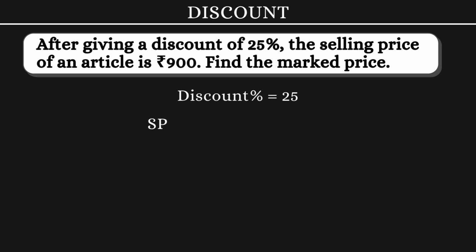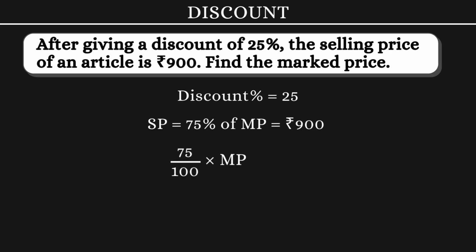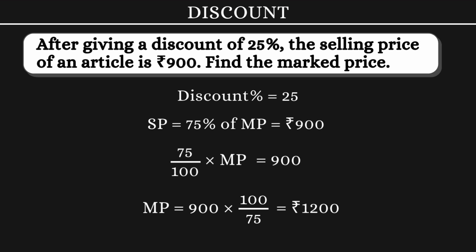So the selling price will be the remaining 75% of the marked price, and this selling price is given as 900 rupees. So we can say 75 divided by 100 into marked price is equal to 900. So marked price is equal to 900 into 100 by 75. That gives us rupees 1200.